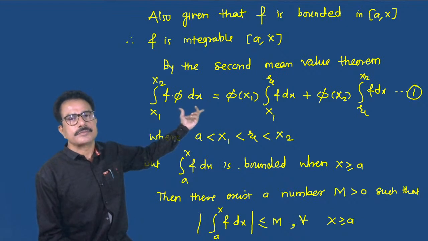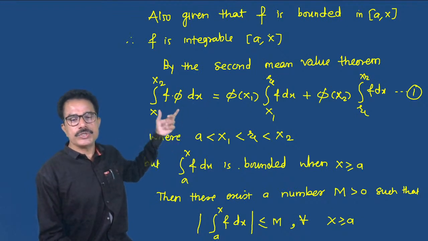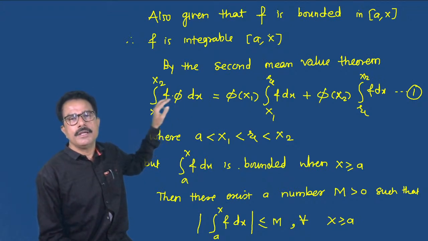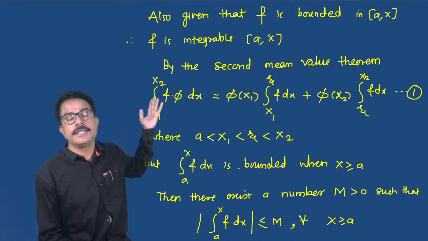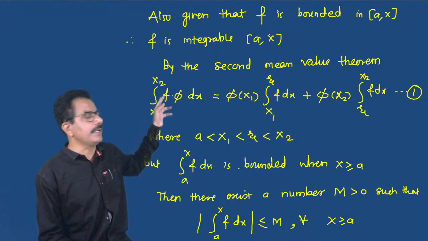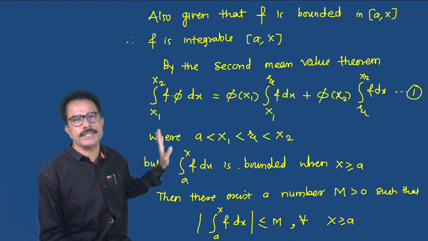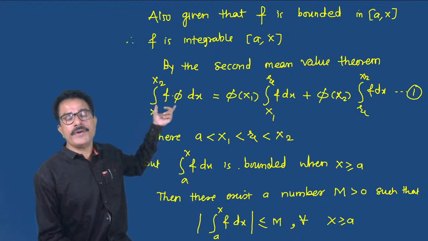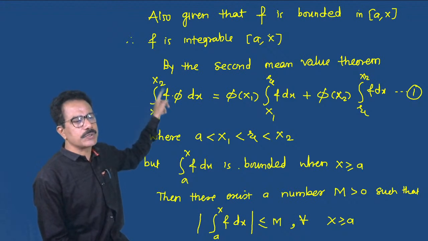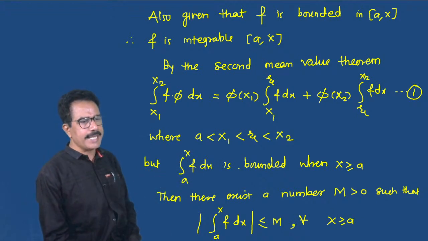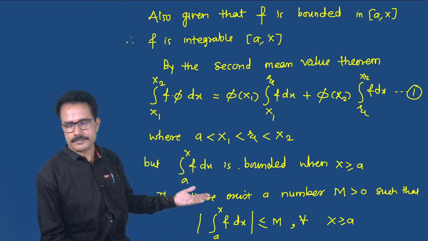This is the mean value theorem used for the product of the functions f into phi. Already we have seen it in the first chapter in the form of the mean value theorem for f into g dx from a to b. We have only modified it for the interval from x1 to x2, where a is less than x1 is less than xi is less than x2.